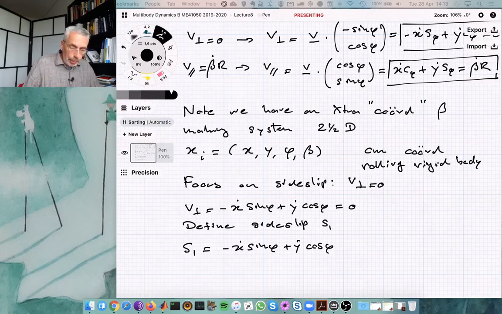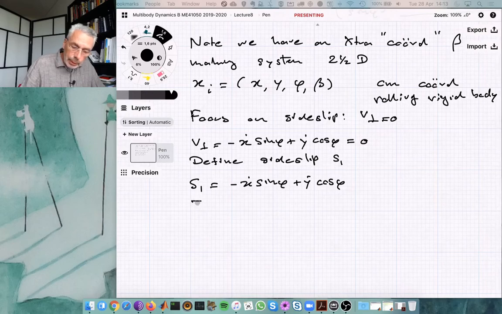You can do the same for longitudinal slip, but for now that's not so interesting. So this is like a skate, right?